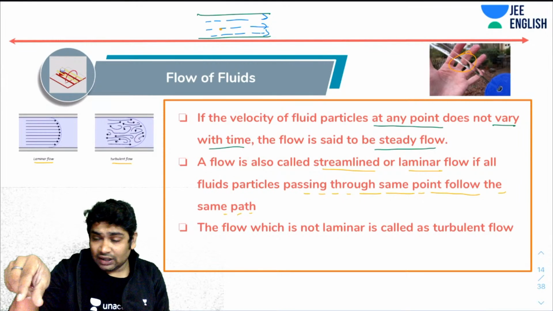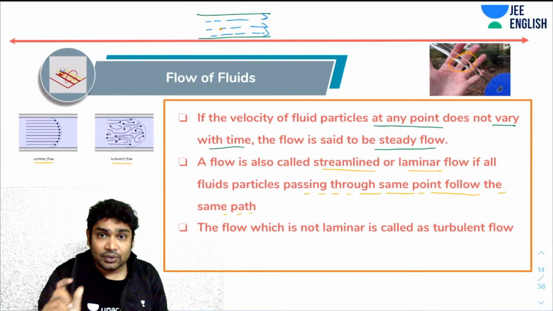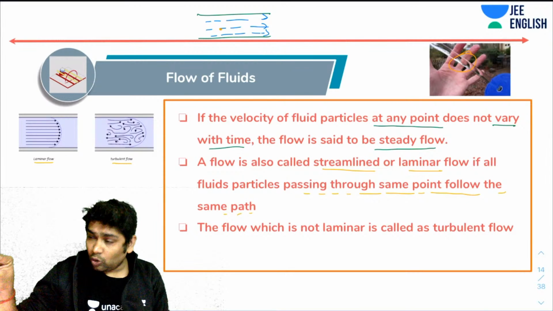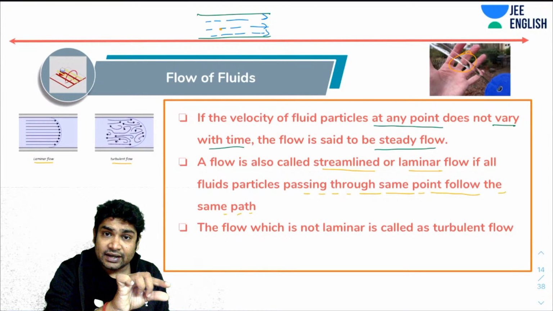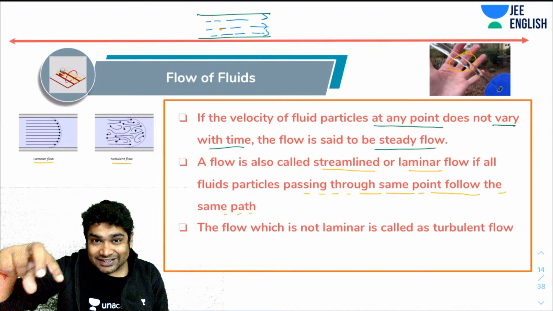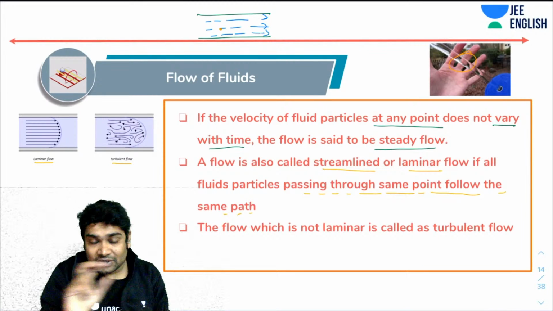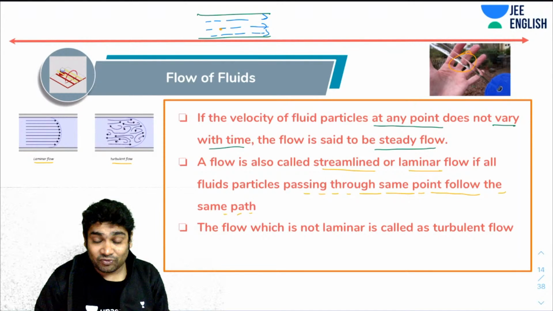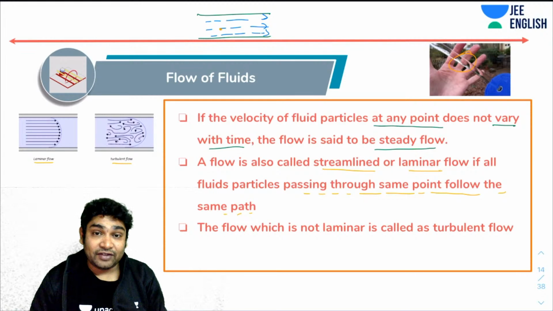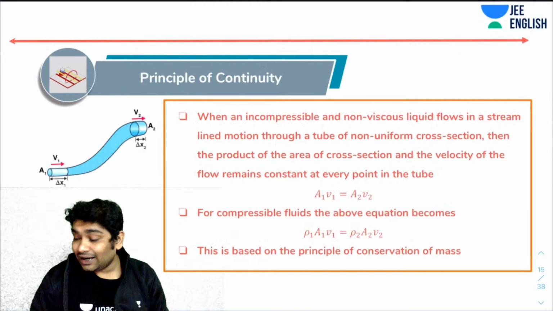If I open the tap partially initially, and keep on increasing the opening of the tap slightly with respect to time, then all the water will be flowing in straight lines. So the flow would be laminar, but it won't be steady. Now, when I stop adjusting the tap, and a steady amount of water keeps coming out from the tap, the flow is both laminar and steady. That is the only kind of flow that we will focus on. Okay. All right. Moving forward.